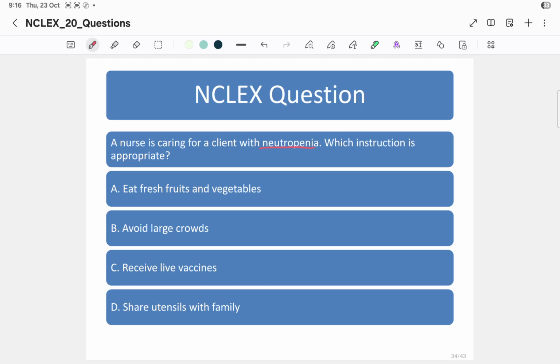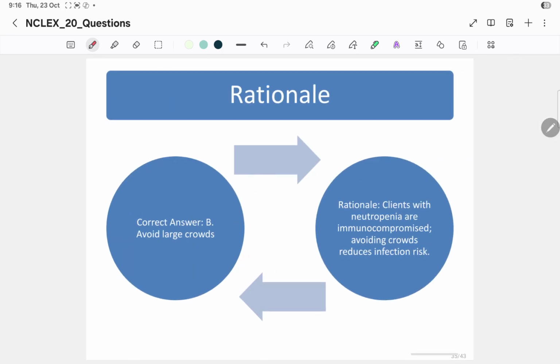So option B will be the correct answer. Avoid large crowds to prevent infection. Rationale: clients with neutropenia are immunocompromised. So avoiding large crowds is very important to reduce infection risks.